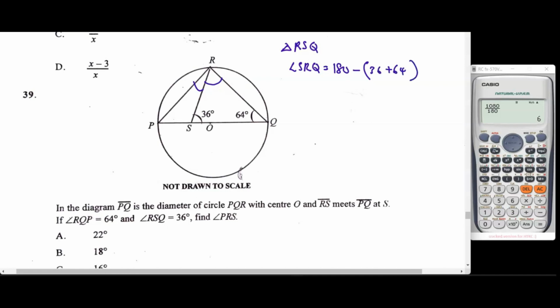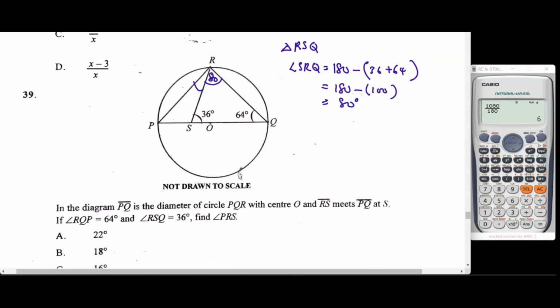That will give us 180 minus 100, which leaves us 80. So angle R is 80 degrees.